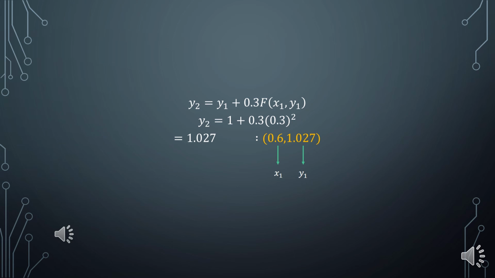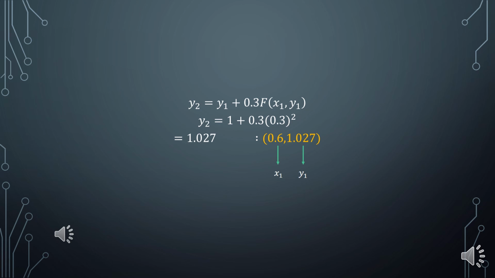But again, there's no y in the derivative formula, so we take x squared, which is 0.3 squared, and now we have to simplify 1 plus 0.3 times 0.3 squared. So we've got 0.3 cubed, which shouldn't be too terrible, plus 1, which gives 1.027. That's going to be our approximation. So the approximate y value that goes with 0.6 is 1.027.